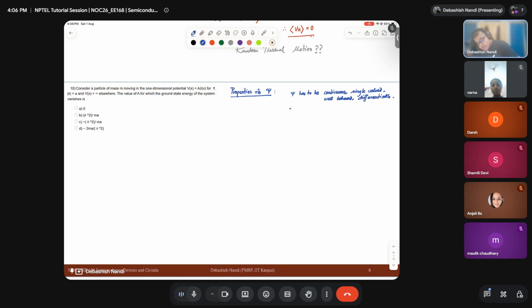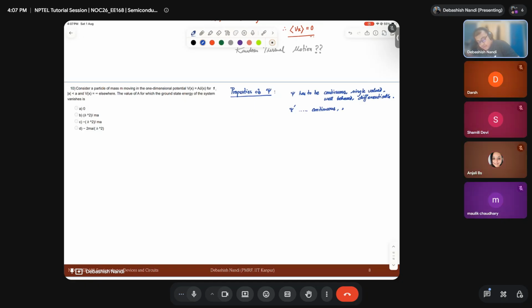The same we have stated for psi star also: psi star also has to be continuous, well behaved, right? But we have said that the second condition can get violated in certain cases. This particular question is one of such cases. So please pay attention.